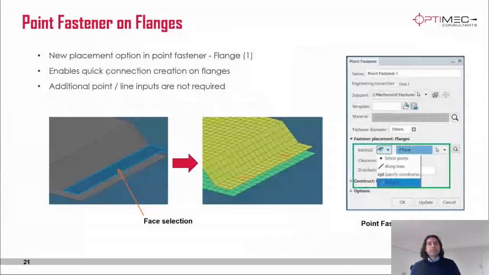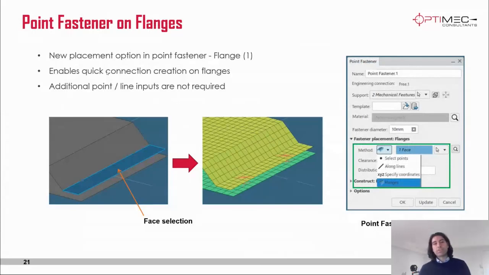On this slide, we talk about the point fasteners on flanges. This is a new feature that is available, a new method to create the point fasteners. If you've done point fasteners in the past, again, you know that you need a support geometry, and it's not annoying, but it can take some time to create those points and lines when you want to do the point fasteners.